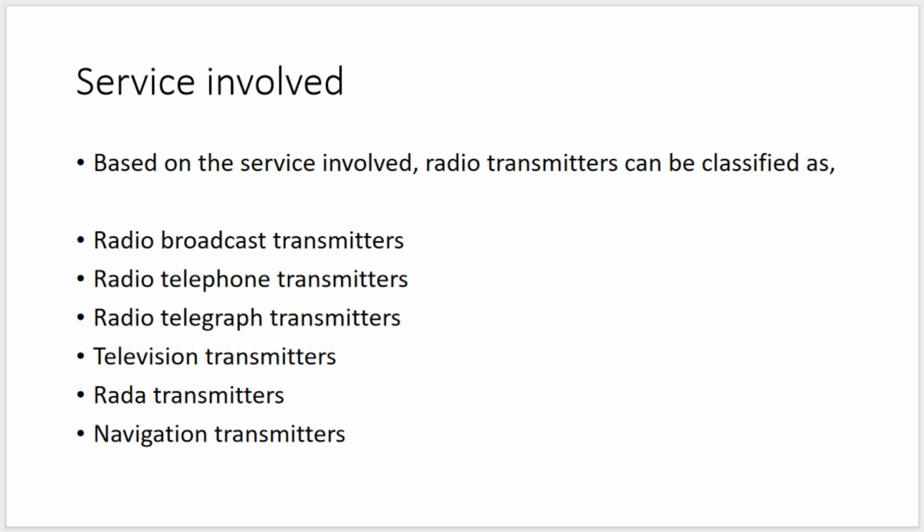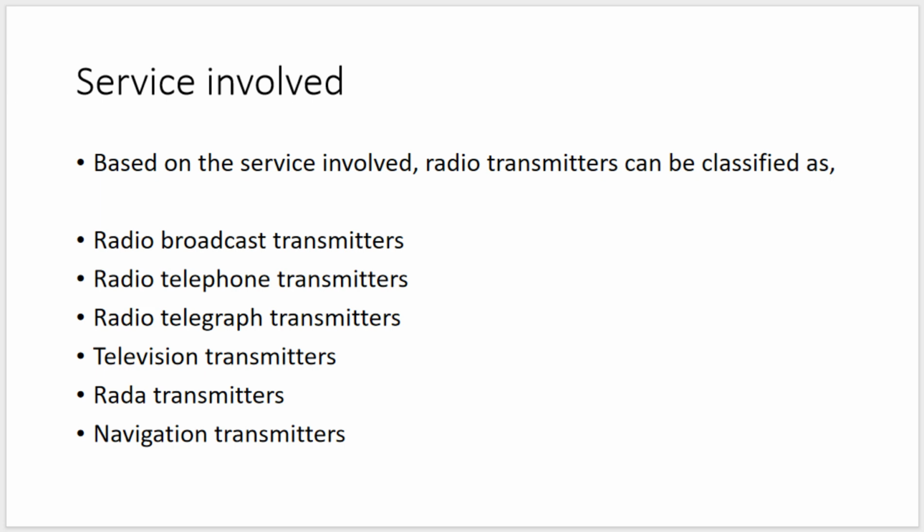These transmitters are designed for transmitting speech, talks, music, etc. The electromagnetic energy is radiated from the transmitting antenna, and a large number of persons may be able to receive the broadcast with the help of a radio receiver.